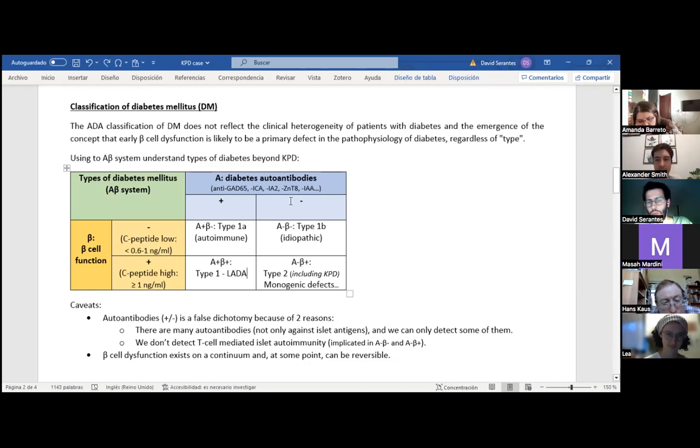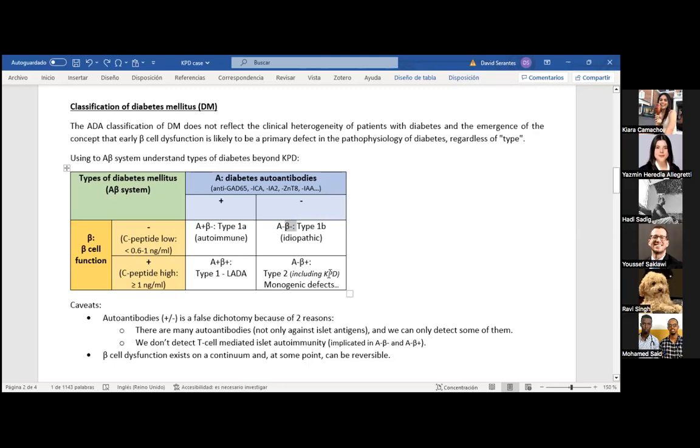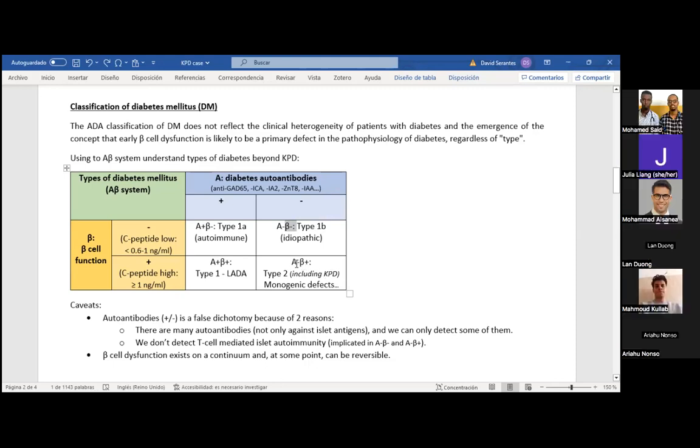And there are also patients who don't have autoantibodies, but who don't have beta cell function, which we called type 1B, which is idiopathic.